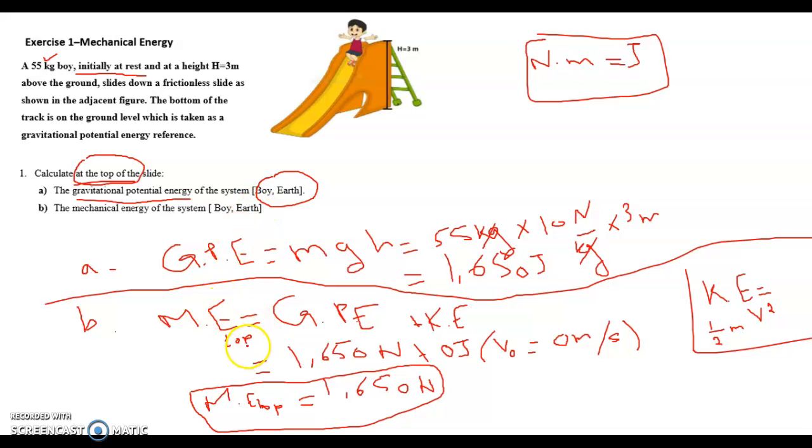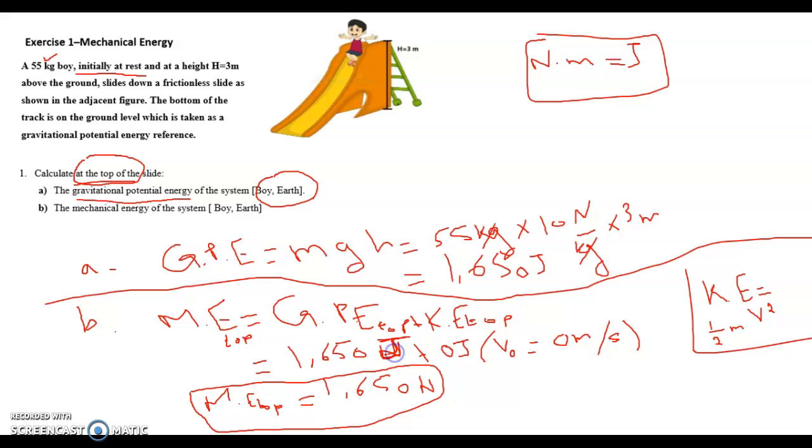Mechanical energy at the top is equal to gravitational energy at the top, plus the kinetic energy at the top. So gravitational potential energy is calculated in part A, 1650. Sorry, not in Newton, this should be joules.